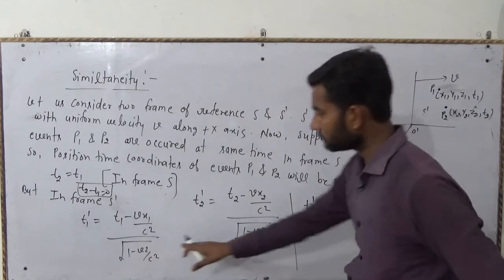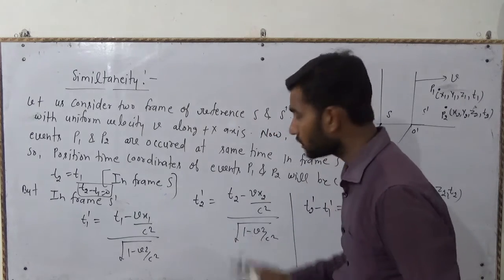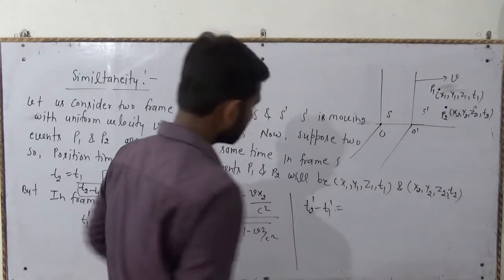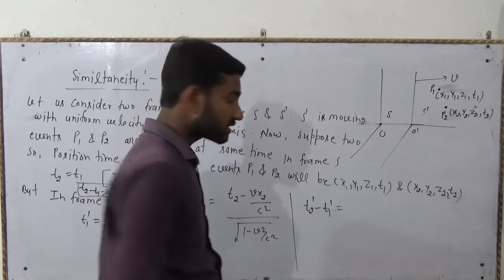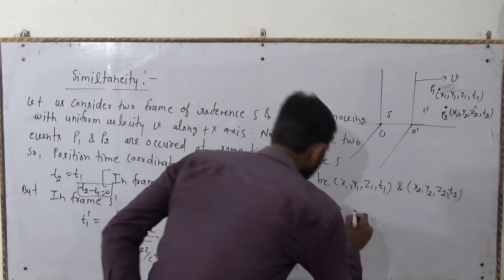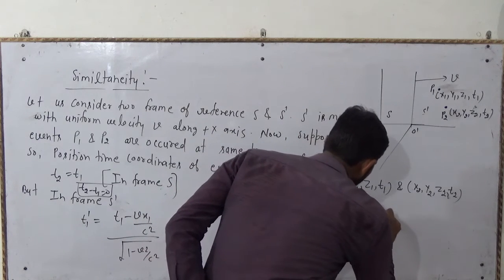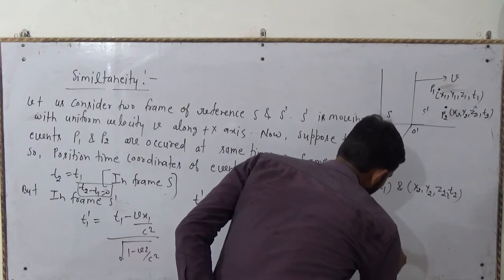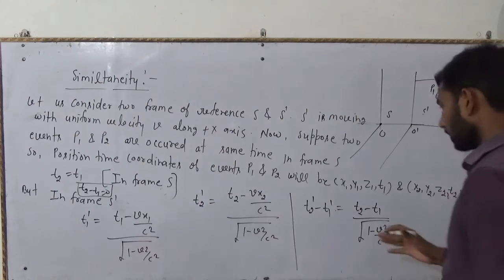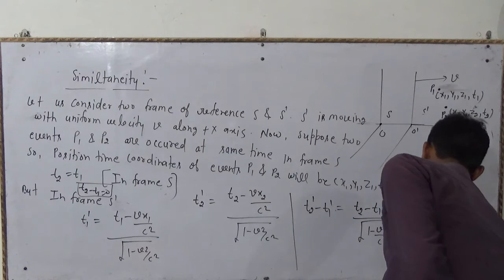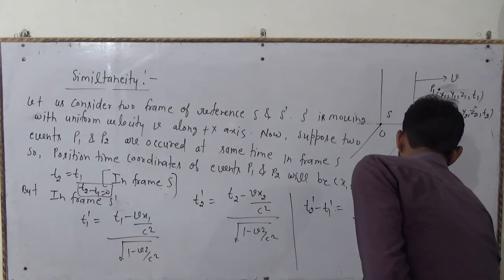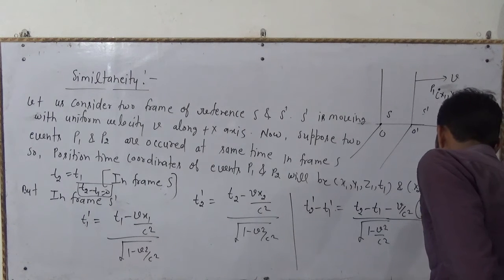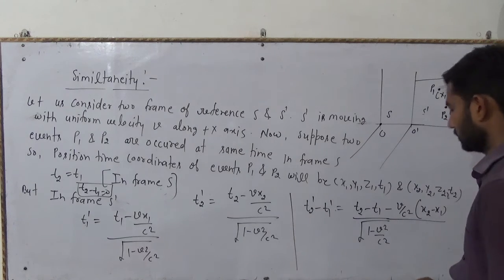From these two results, the values of T1 dash and T2 dash we have written here, we can simplify. The value of T2 dash minus T1 dash will be T2 minus T1 upon under root 1 minus V square by c square, and with the help of LCM we can easily write minus V by c square, x2 minus x1.